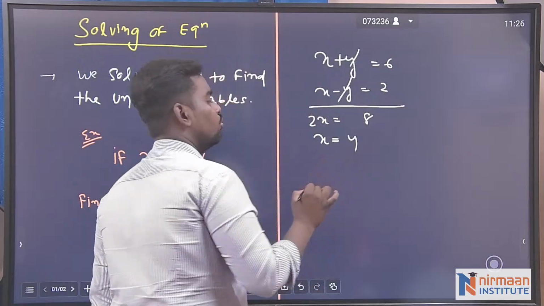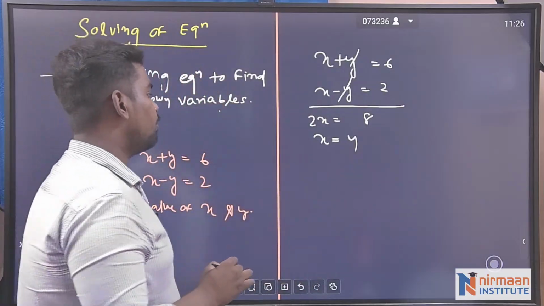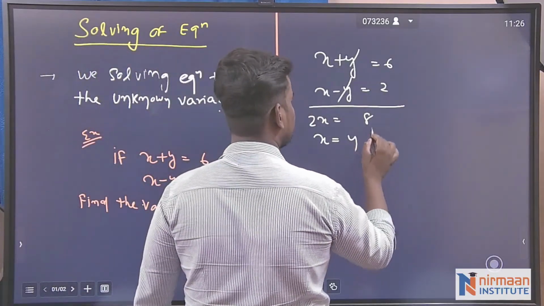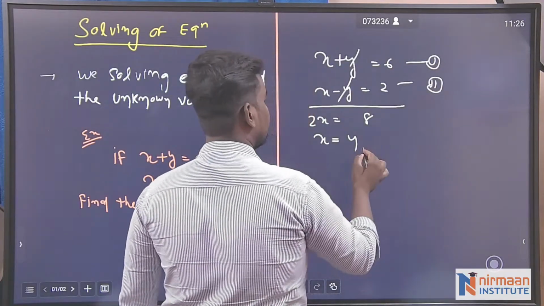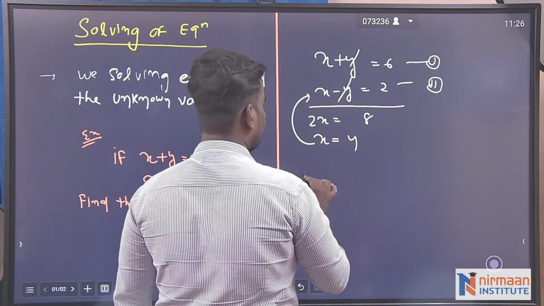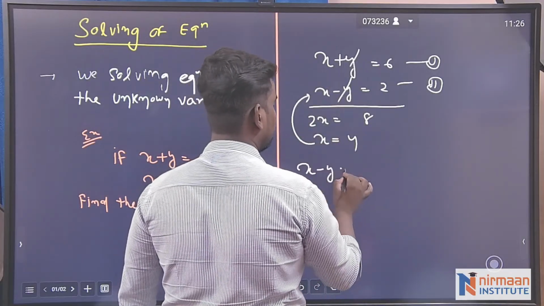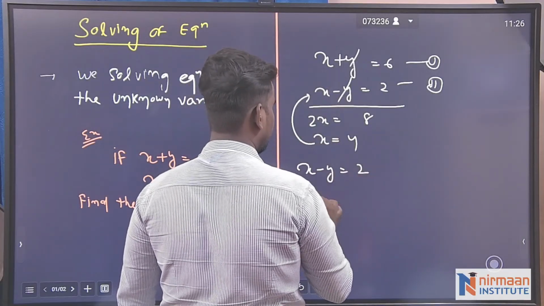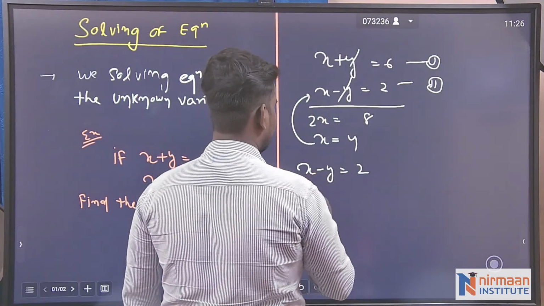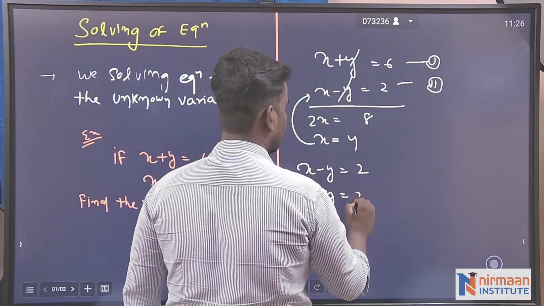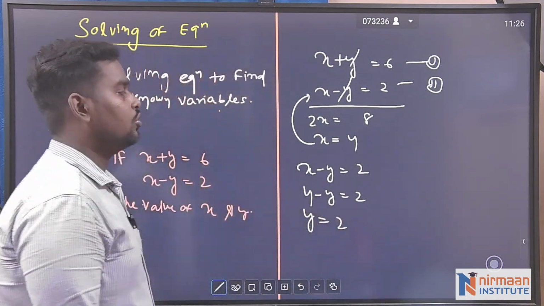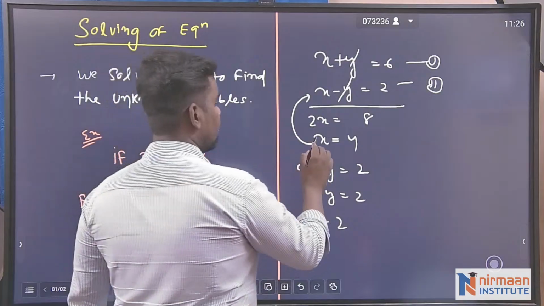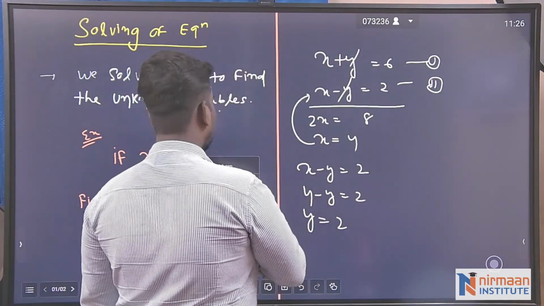If you put this 4 in any equation, what do you get? We put it in this equation: x minus y is 2, x is 4, so 4 minus y is 2. Then y is 2, right? So you got x equal to 4, y equal to 2.